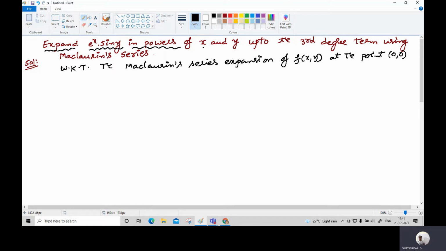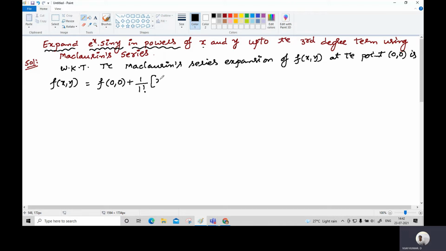Okay, here we have to take the origin. f of x comma y is equal to, first term is the function value at 0 0. We got this formula from the Taylor series by replacing a equal to 0 and b equal to 0. Don't forget it.